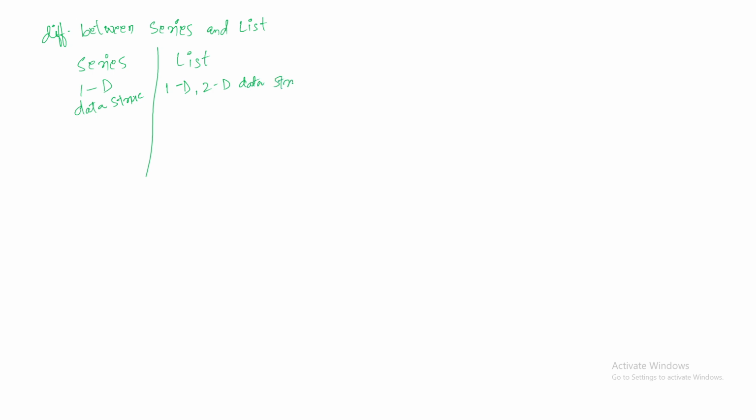Why? Listen, 1D means single dimensional array. Here only one column. 2D, 1D also it will accept. Suppose 2, 4, 6. Even 2D. 2D means which one? List inside list.